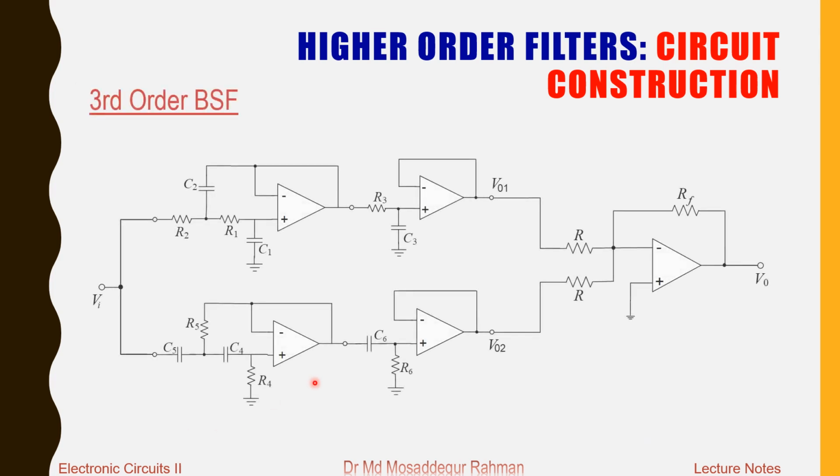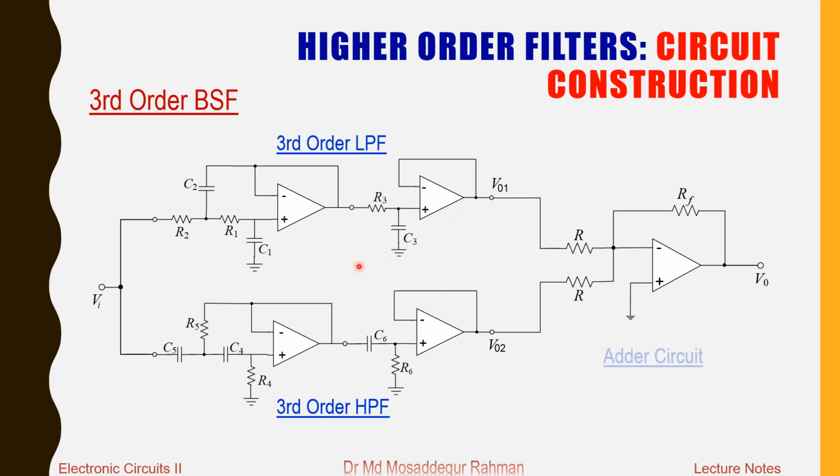Now finally we show a band stop filter circuit, how we can construct a higher order band stop filter. Here we are showing a third order band stop filter. At the top we have a third order low pass filter. This is a second order Sallen and Key low pass filter that is connected with a first order low pass filter.